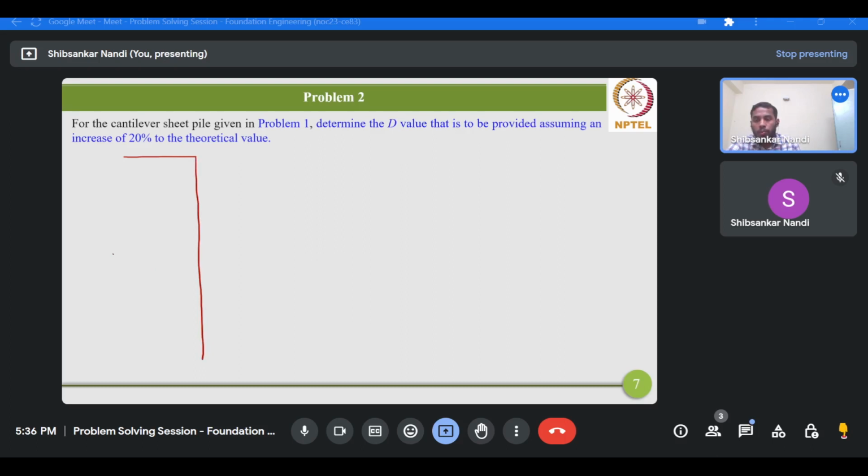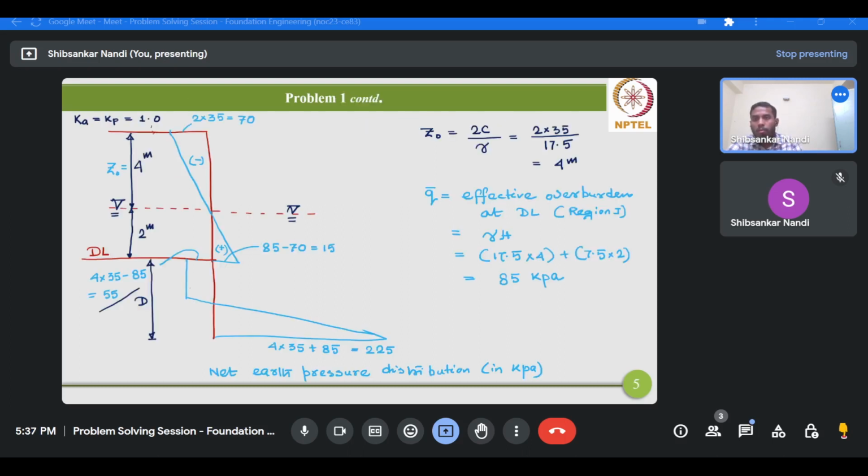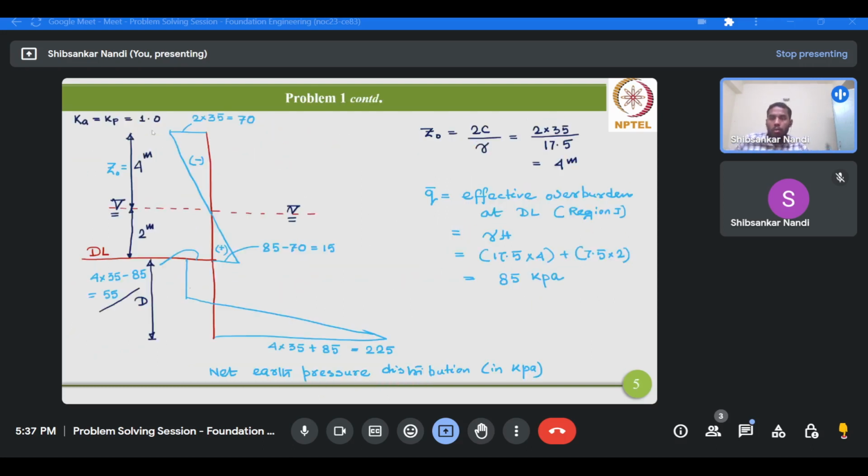To be on the conservative side, so this is the dredge level, this negative distribution will not be considered.